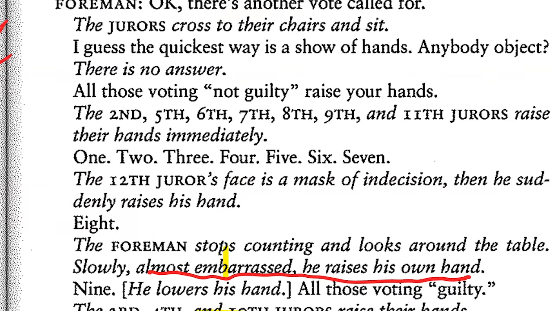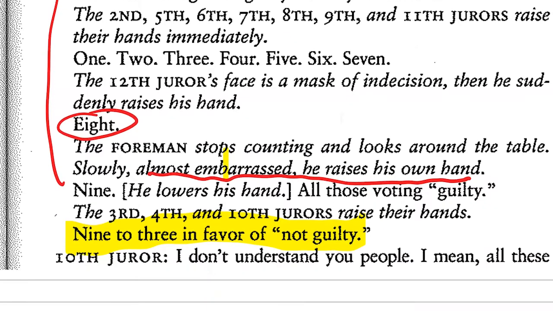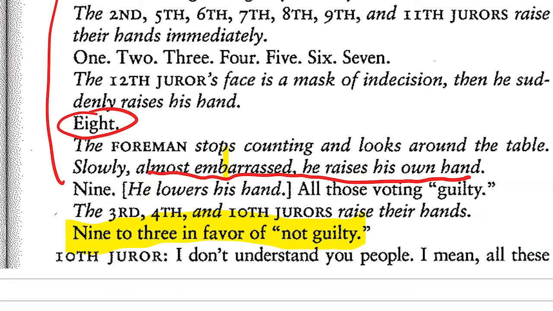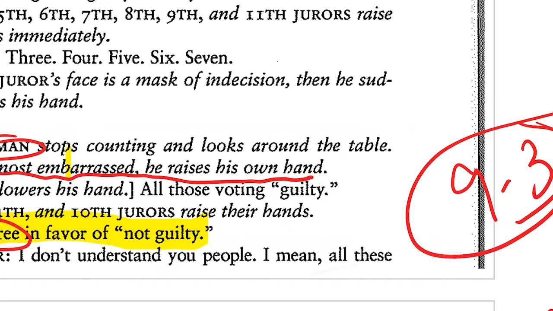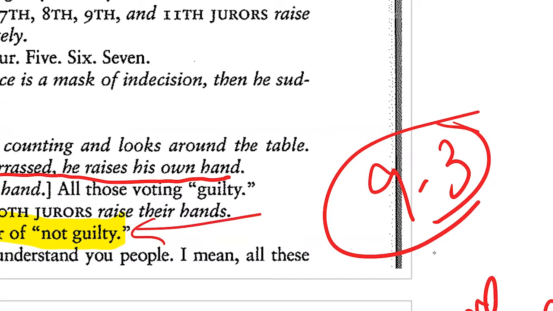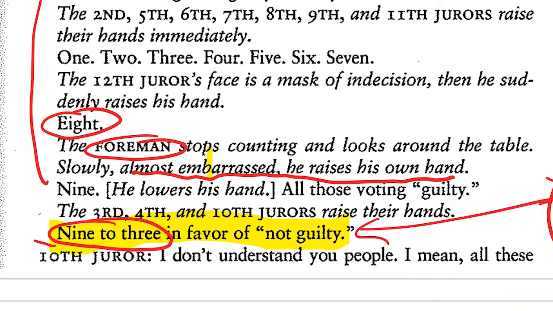And at this point, we have 8 votes for not guilty, and then the foreman raises his own hand, and here now we have 9-3 in favor of not guilty. So we've got 9 not guilty and 3 guilty.